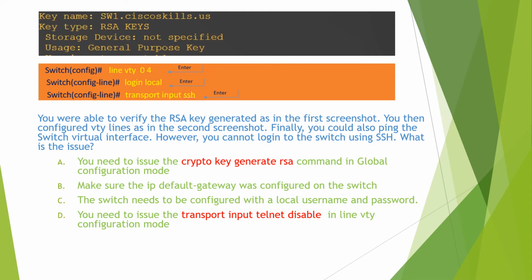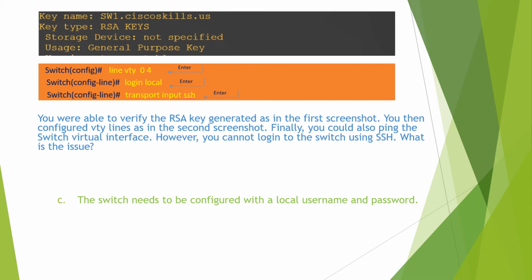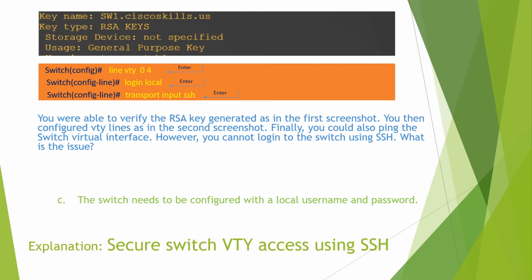Finally, when you configure login local, it means it requires a local username and password. Therefore, the answer for this question is C. You can find the detailed explanation for this question in the video, Secure switch VTY access using SSH.